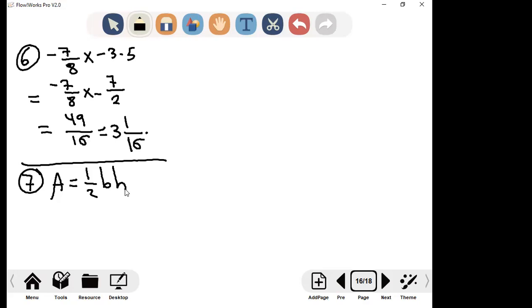What's the base of the triangle, Hisham? 5 and 7 over 12. Okay, what's the height? 3. Now let's calculate the area, right? Yes. Come on. 1 over 2 multiply 5 and 7 over 12.